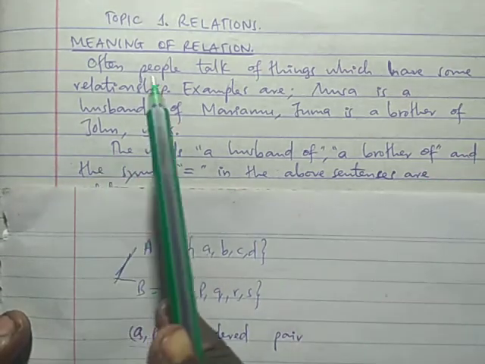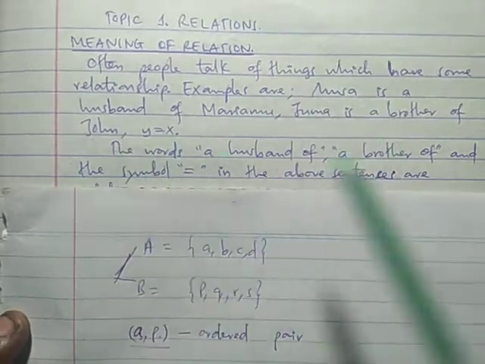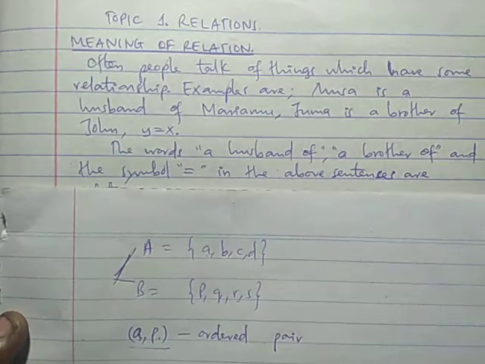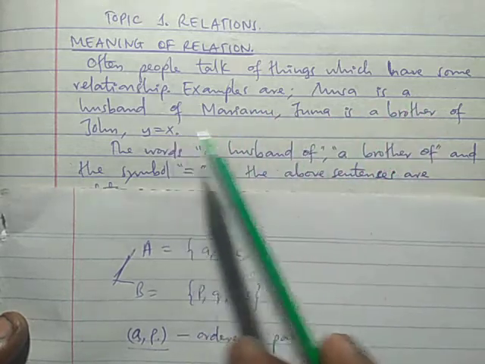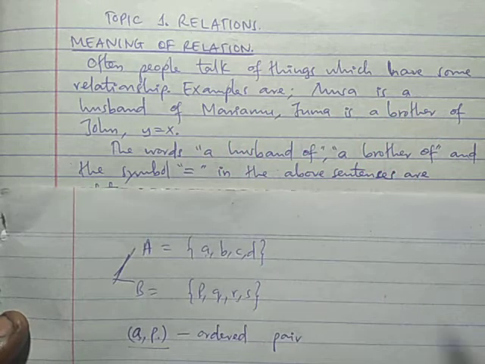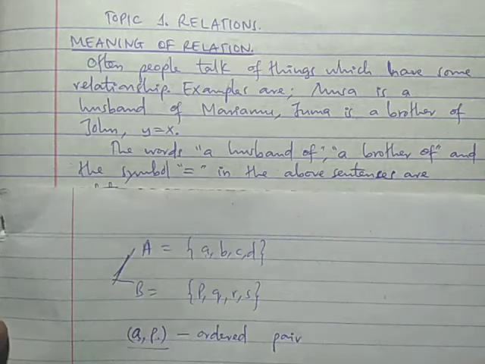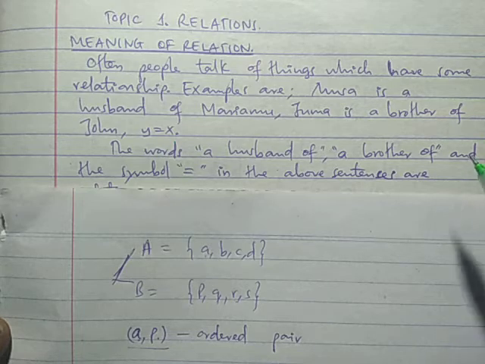So we are saying that often people talk of things which have some relationship. Hiyo ni kwenye mazingira ya kawaida. Kwa mfano, for example, when you're saying Musa is the husband of Maryam, so the relation between Musa and Maryam, Musa is the husband of, that is the sentence which show relation.